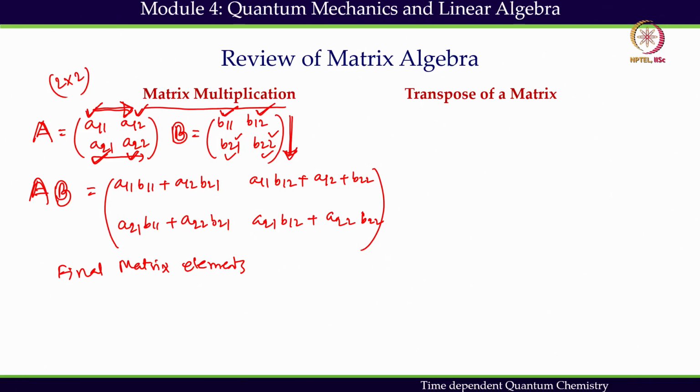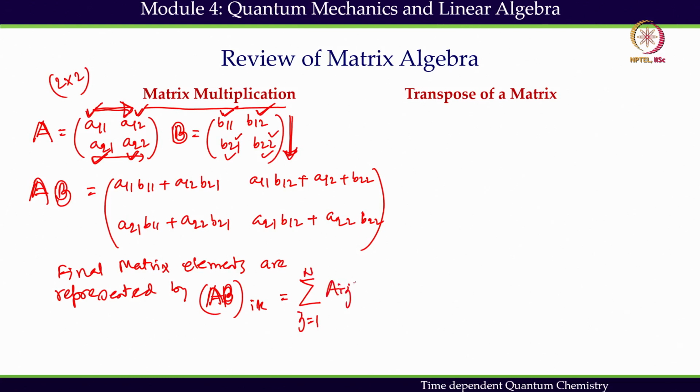Matrix multiplication requires a little more practice to do quickly. The final matrix elements are represented by C ik, which is going to be the summation of j equals 1 to n of a ij b jk. That is the rule one should follow for matrix multiplication.